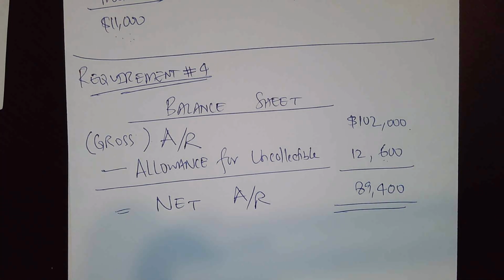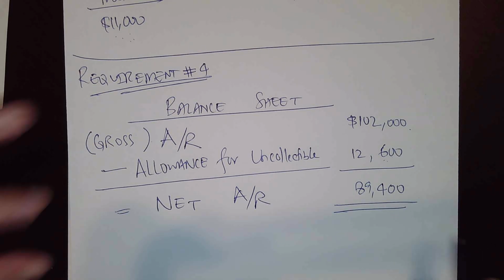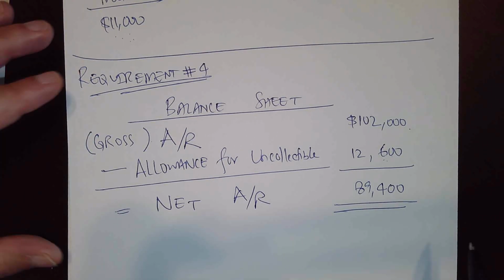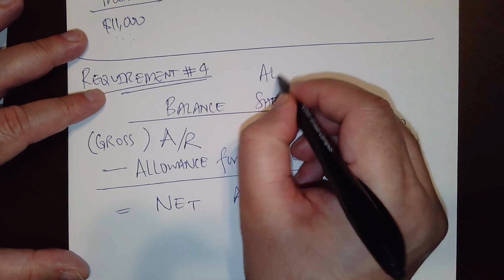We may have to write off more or less than 12,600. So we believe the true value of our accounts receivable is $89,400. And this is our allowance method.